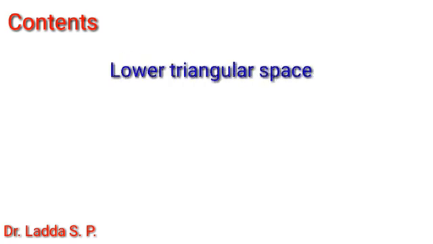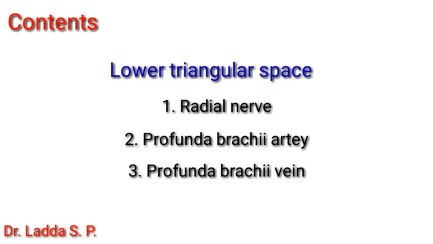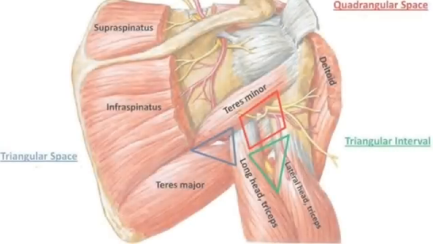The lower triangular space contains one nerve, the radial nerve, one artery, the profunda brachii artery, and one vein, the profunda brachii vein. This is all about the intramuscular spaces in the scapular region.